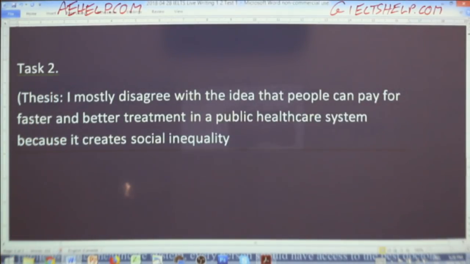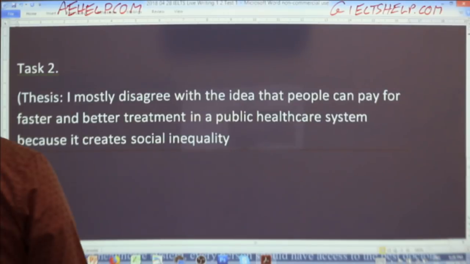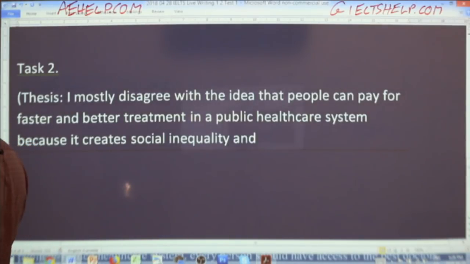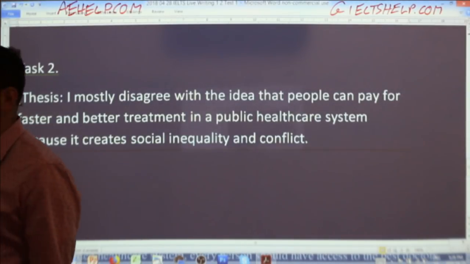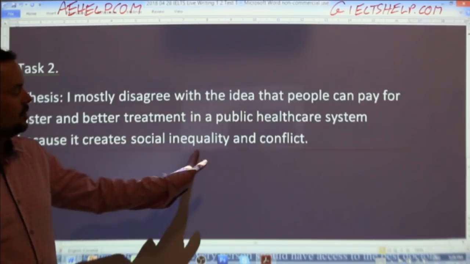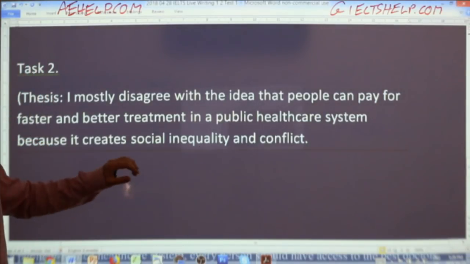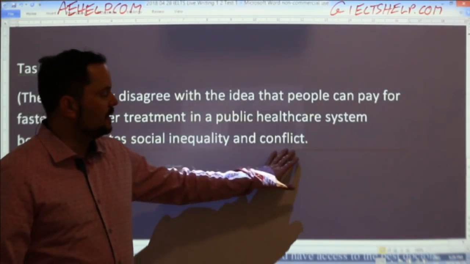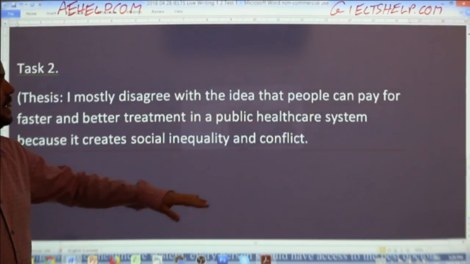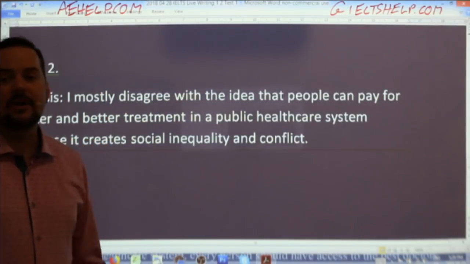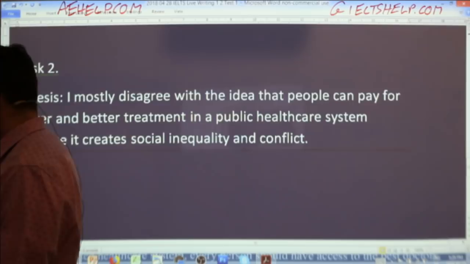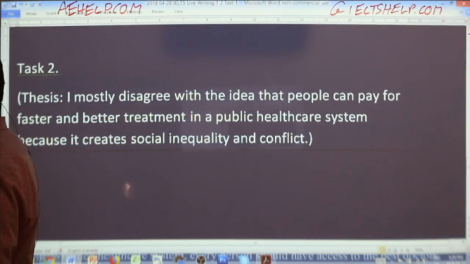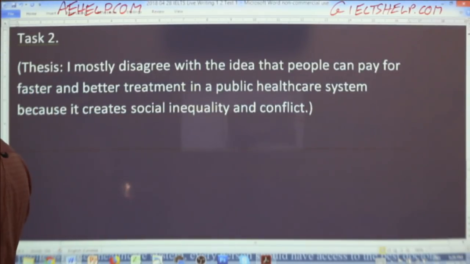So it creates social inequality and conflict. Right. So that would be a very powerful thesis. And then social inequality could be my body paragraph number 1, and social conflict could be my body paragraph number 2. So now, if I'm able to create this very nice thesis, I can begin writing.